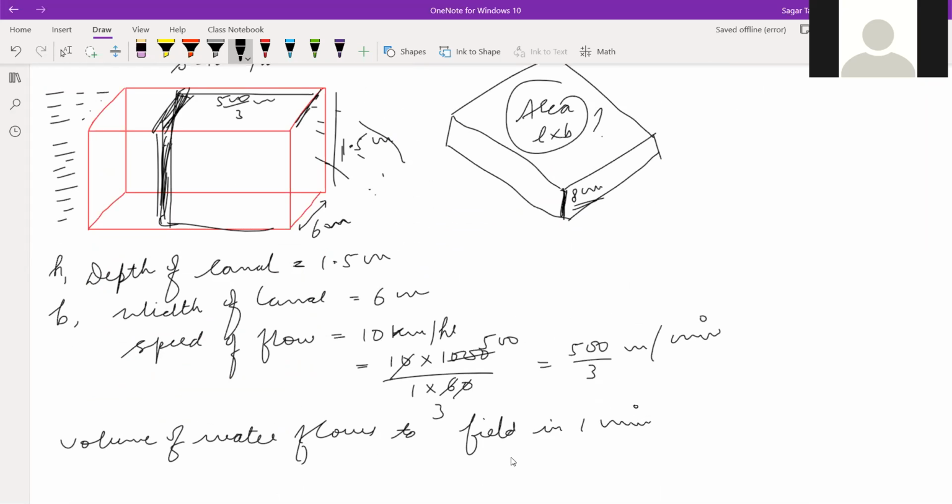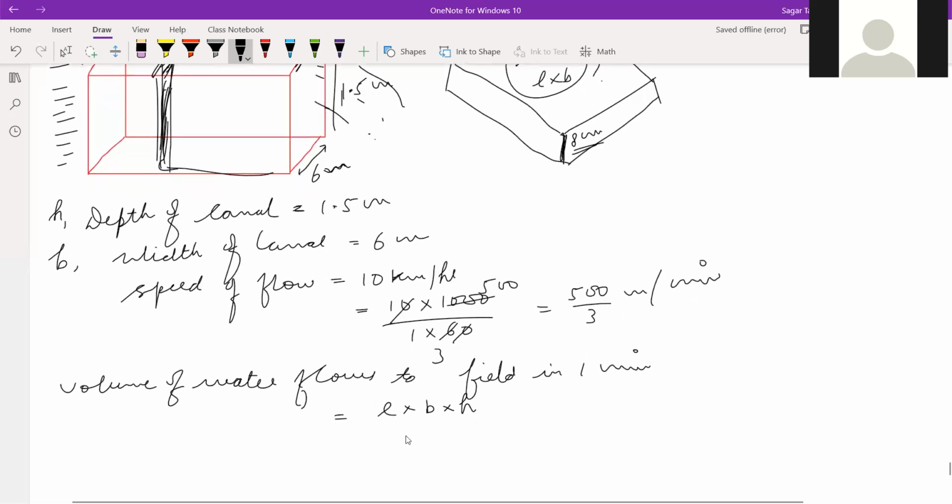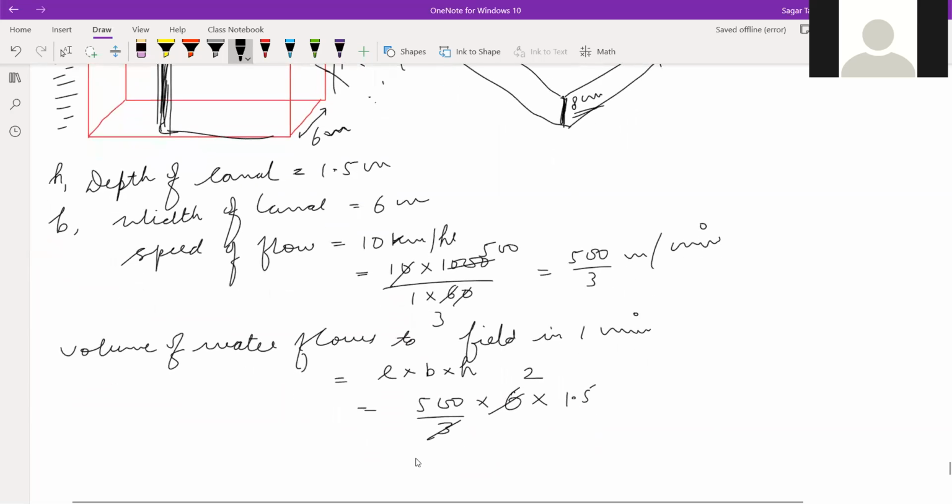So in 1 minute, how much water will flow to the field? That is L into B into H, the volume of cuboid. L is 500 by 3, into B 6, into H 1.5. This and this cancel out. So 3 into this, 1500 meter cube of water will flow in 1 minute.